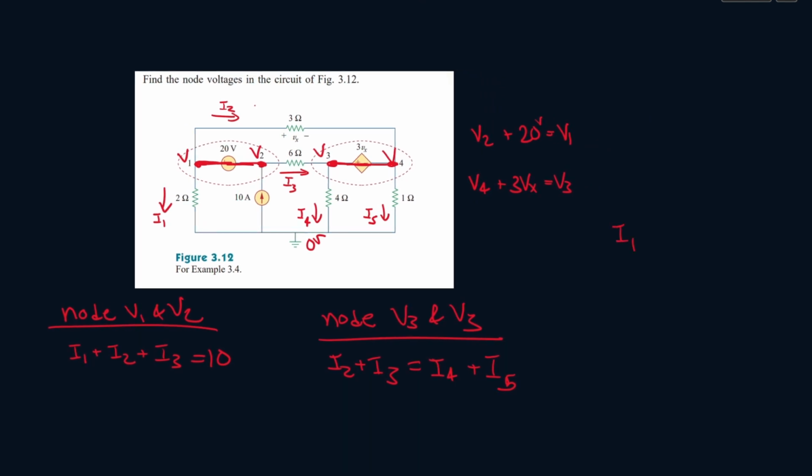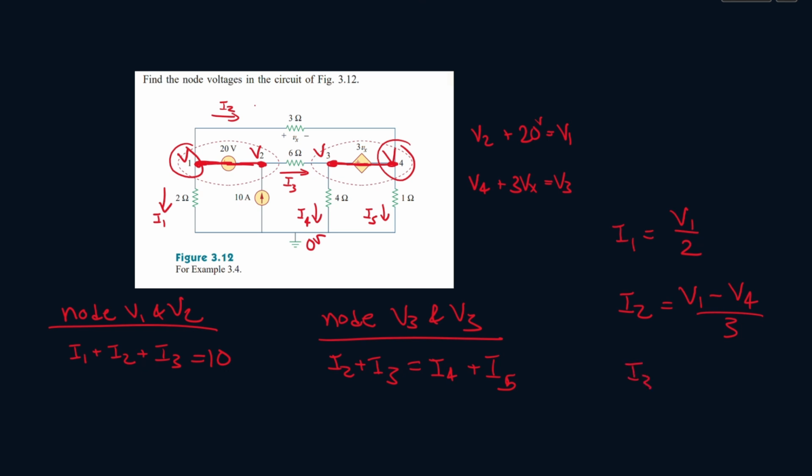Let's find I1. We see it goes from V1 to 0, so it's V1 over 2. I2 goes from V1 to V4 over the 3 ohm resistor, so it'll be V1 minus V4 over 3 ohms.